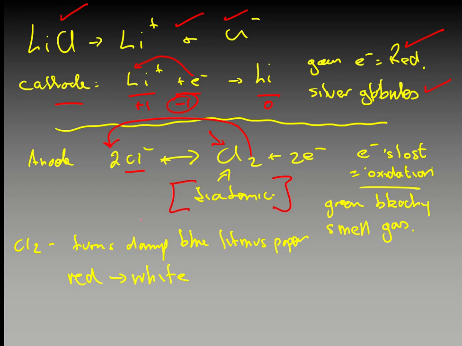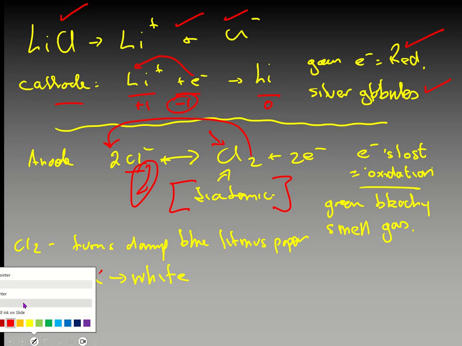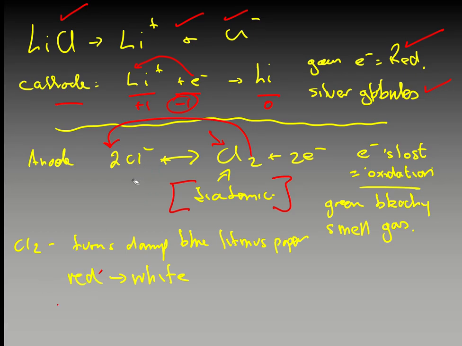So I need 2 separate chloride ions. Never write the 2 on chloride ions down at the bottom right. That's completely incorrect. Chloride ions do not join together. They're both negatively charged, so they would actually repel each other. Okay, so I need 2 chloride ions on the left-hand side, and therefore I need 2 electrons on the right-hand side.